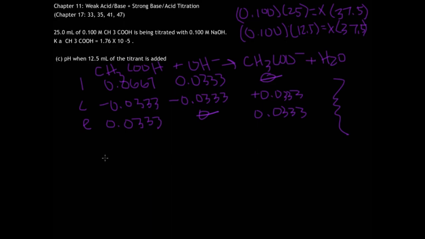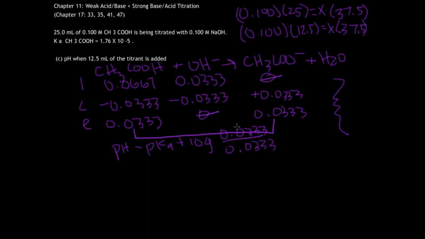Questions? Oh, can't ask questions. My bad. So, a weak substance in the presence of its conjugate allows me to use the Henderson-Hasselbalch equation. pH equals pKa plus the log of the conjugate, which is 0.0333, over the weak, which is also 0.0333. Well, this is 1. The log of 1 is 0.